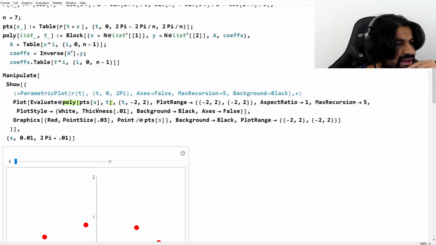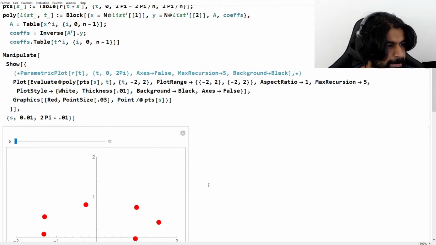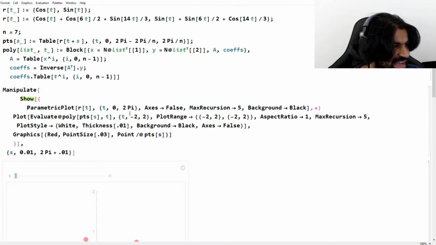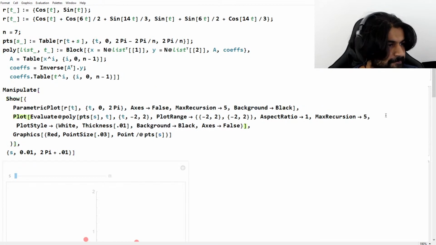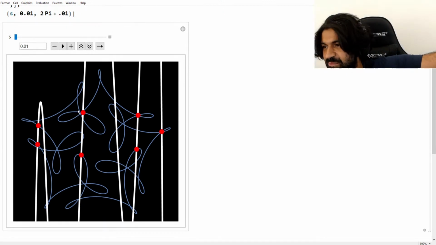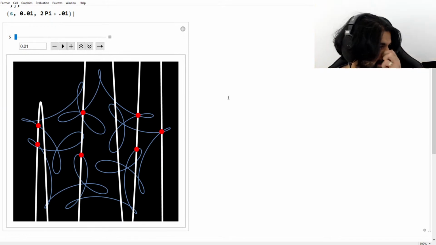Let's see, plot. Let me erase these options potentially. Okay, that's weird. I guess I'll show it with the path. I didn't want to show it with the path, but okay. I wanted to delete the blue path that the points are moving along at the end.